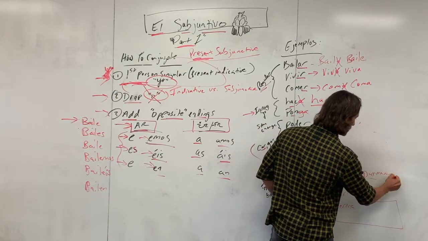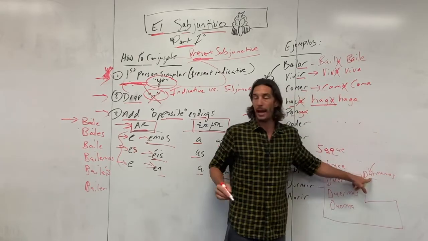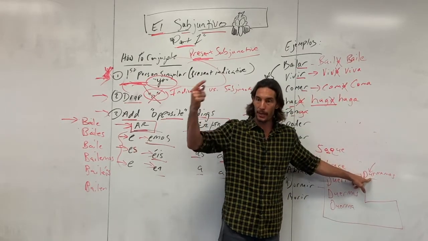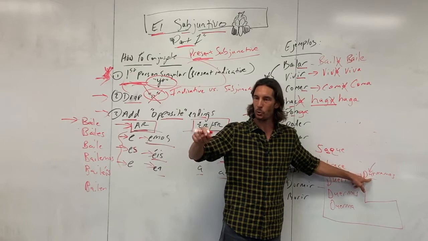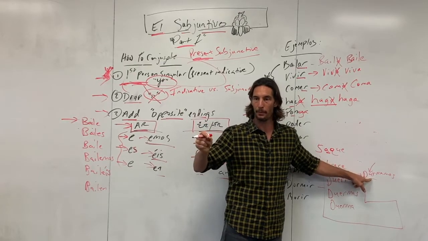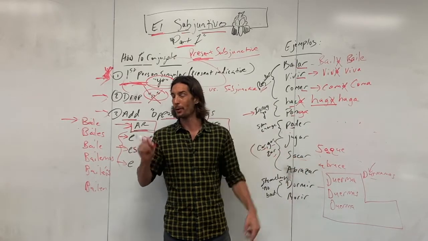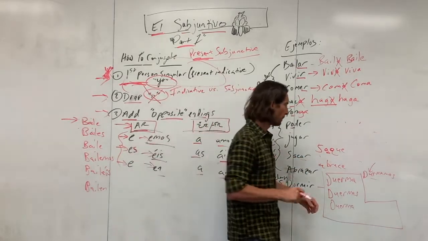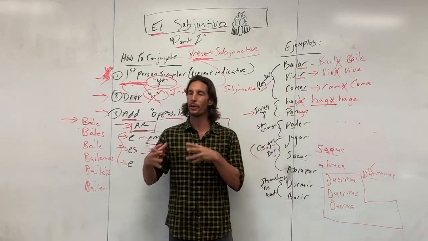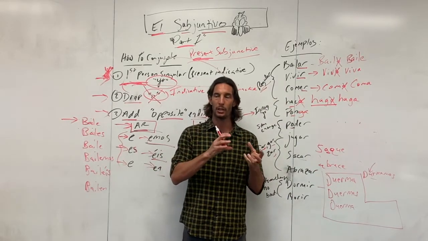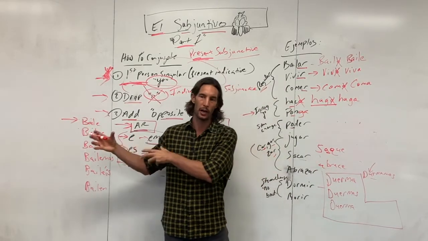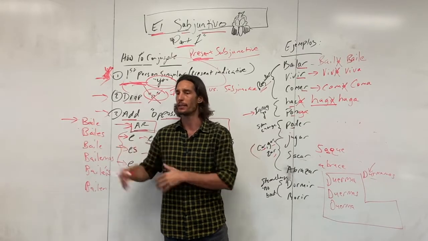Then we have durmamos, right? Notice that. So while it is outside the boot, it still makes a slight tweak in the stem. It actually does what your preterite does with this verb in the third person singular and plural. So you can start to see some patterns in how these little changes actually resurface in other conjugations, or other tenses, I should say.